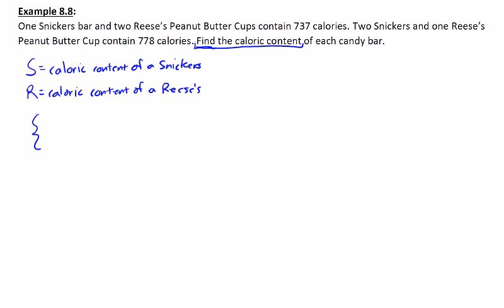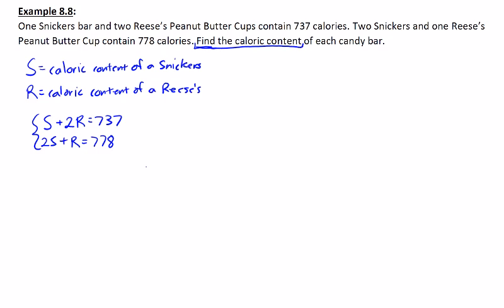So if I take 1 Snickers calorie plus 2 of the Reese's calories, it should give me a grand total of 737 calories. Second sentence, do the same way. 2 Snickers and 1 Reese's peanut butter cup will contain 778. So that's going to be 2S plus R should equal 778.